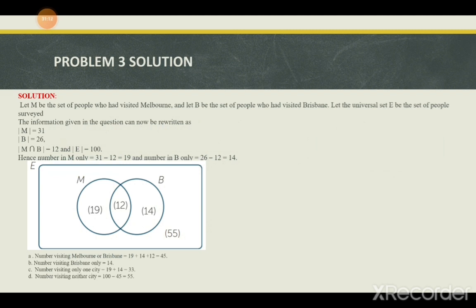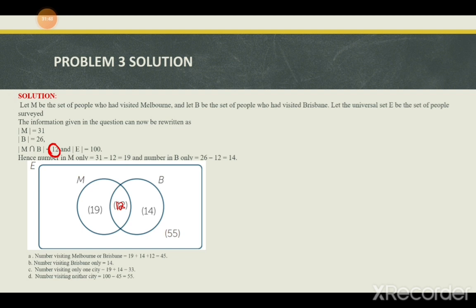Ito solution natin, di ba makita mo, may 12 common tayo. 12 or the intersection of your M and B. There are 12 people who already visited your Melbourne and Brisbane. Okay? So, ang gagawin natin is itong 12 people na to, i-minus natin sa total ng either pumunta sa Melbourne at pumunta sa Brisbane.